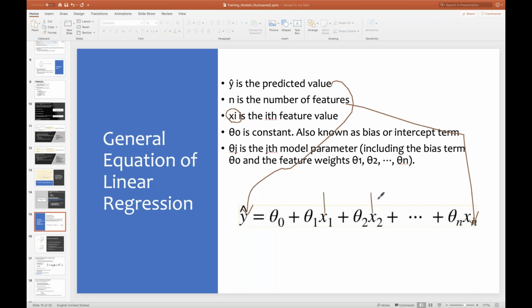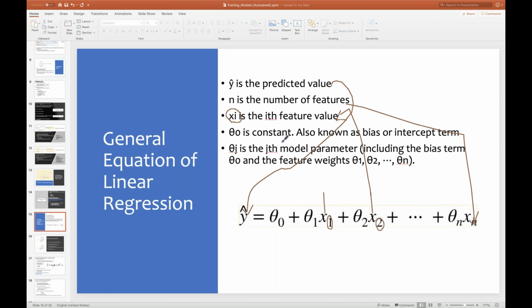Like this, you'll have x of 3, x of 4, x of 5, x of 6, x of 7, like that, x of infinity. In that terms, x of i is the ith feature value. The ith feature value is nothing but this one, first value, second value, like that we'll have i, for example.